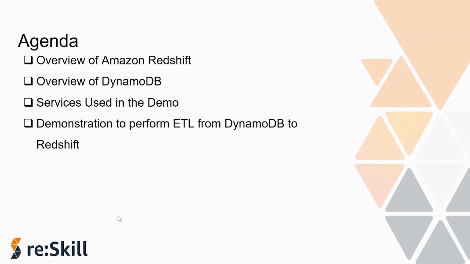So if I have to give you a quick overview of Redshift and DynamoDB, I will say Amazon Redshift is specifically used for data warehousing. If you have to implement a data warehousing solution in AWS, then Redshift is the choice for you. Redshift is a fully managed service, and Redshift also comes in a serverless architecture. We have a concept of Redshift Serverless too, but we don't have to go there right now.